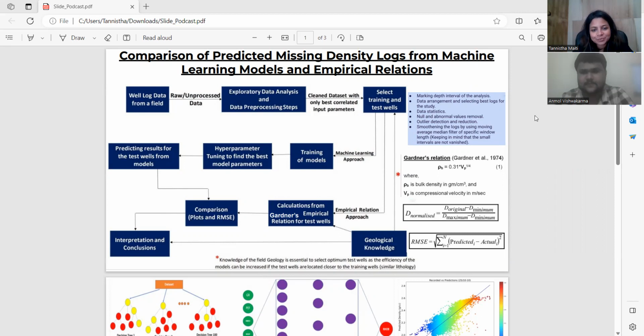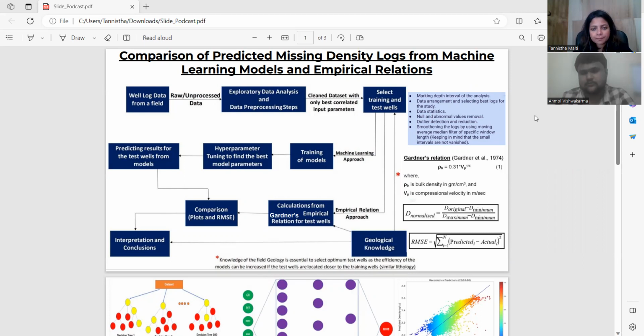Yeah, so the idea behind this is that measuring well logs is a really expensive process in the oil and gas industry. And the data is not always available. Some of the logs are missing sometimes.